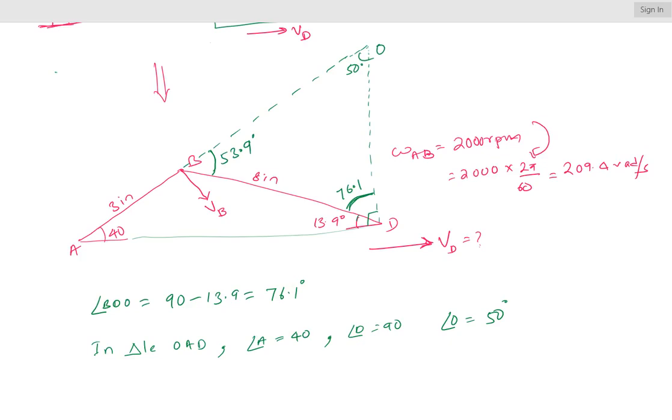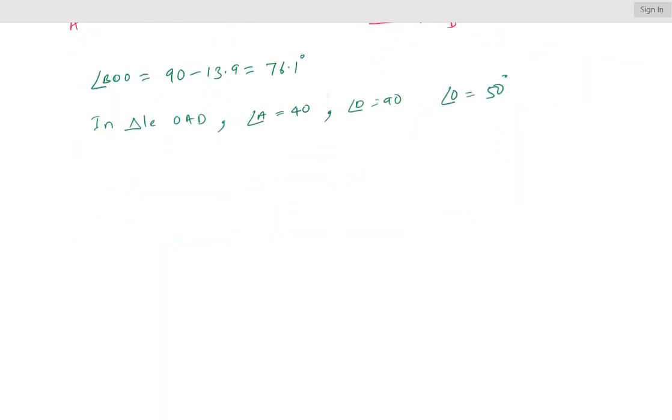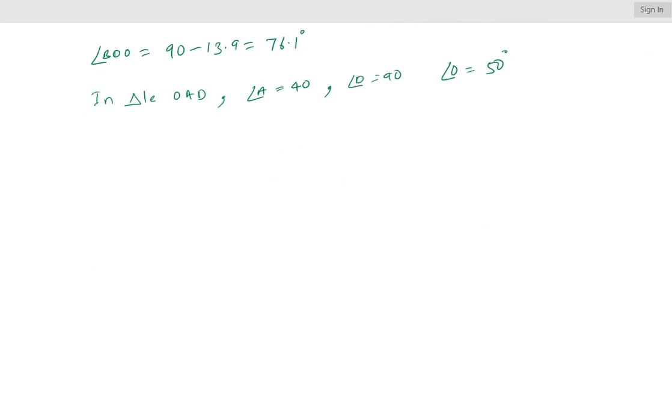Now that we know all angles, it is easy to find sides OB and OD using the sine rule.